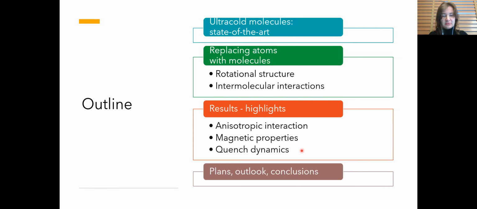And finally, I will show you two quench dynamics setups, and I will explain why we want to study this quench dynamics, but slowly. I will get to it. And finally, I will conclude with our plans, outlook and possible extensions of the system. And in the end, I hope you will see why it's worthwhile to play with molecules instead of atoms.